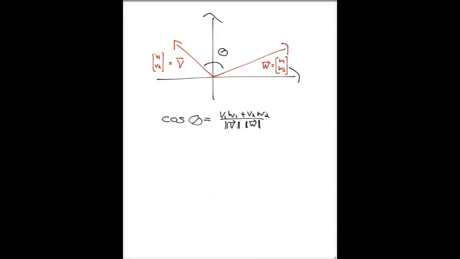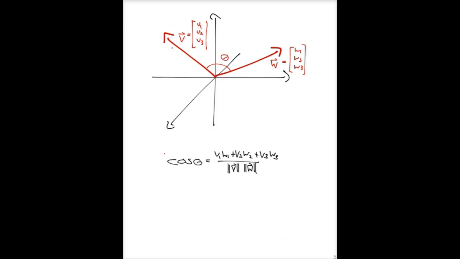And there is an analogous formula for the angle between two vectors in R3. If v and w are vectors with coordinates v1, v2, v3 and w1, w2, w3 respectively, then the cosine of the angle theta between these two vectors is given by the following expression.